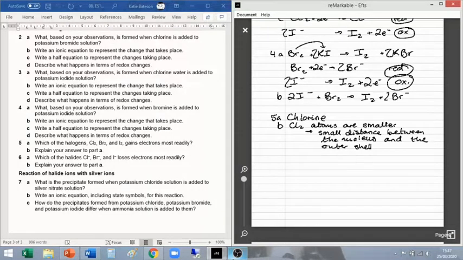Therefore, because of the sort of smaller distance almost between the nucleus and the outer shell, that means that the attractive force from the nucleus feels stronger. It is less shielded by the electrons between the nucleus and the outer shell. So we could say less shielding.